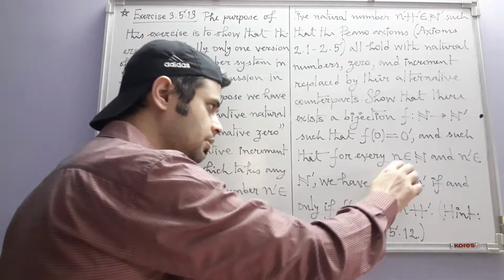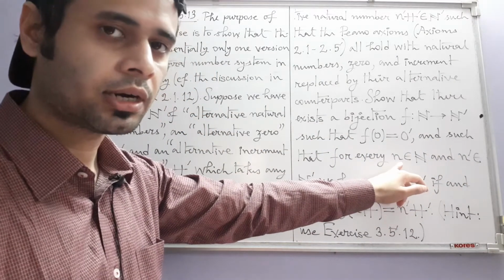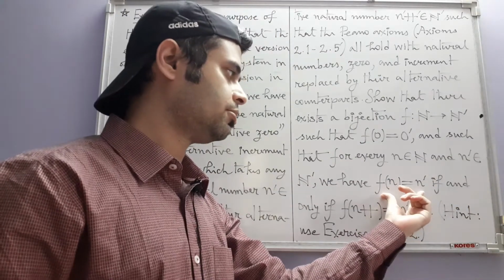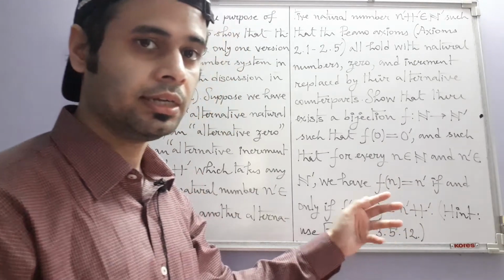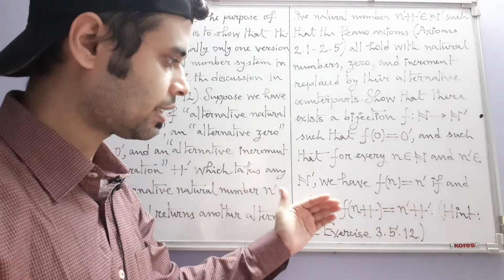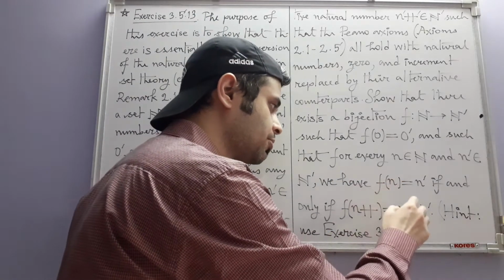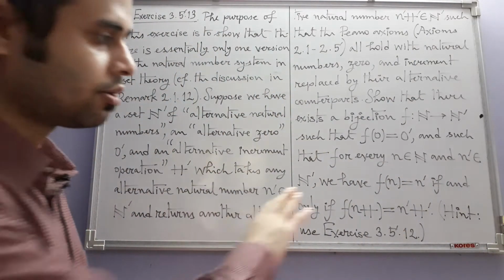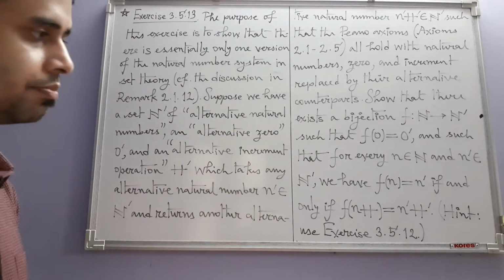Also, if we have two elements, one ordinary natural number n and one alternative natural number n', they correspond to each other, that is, n' is the f image of n, if and only if the successor of n corresponds to the successor of n' in the alternative natural number system.